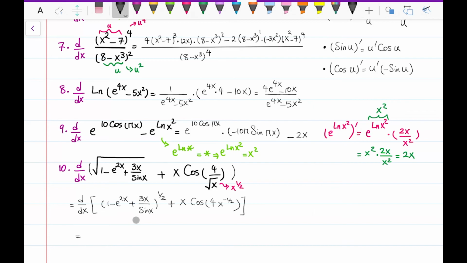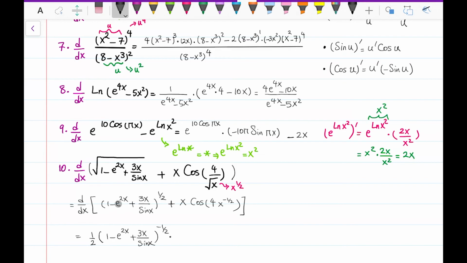So I have a function to the power of 1/2. The derivative of that would be 1/2 the function, 1 minus e to the 2x plus 3x over sine x, to the power of negative 1/2, basically 1/2 minus 1.